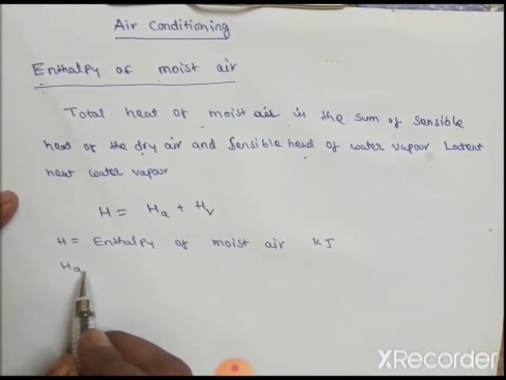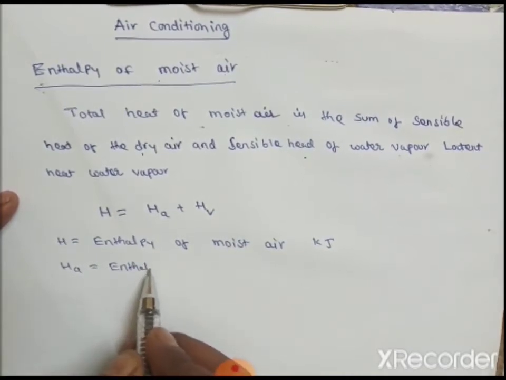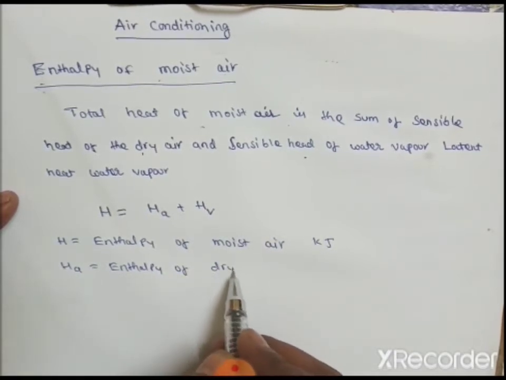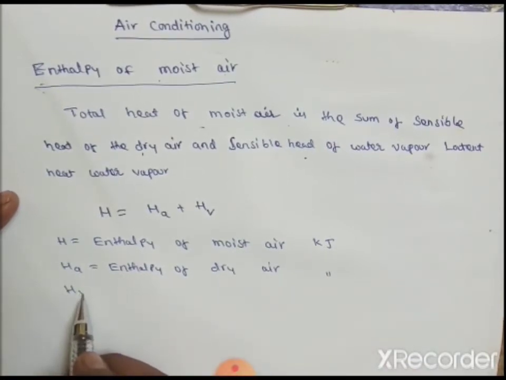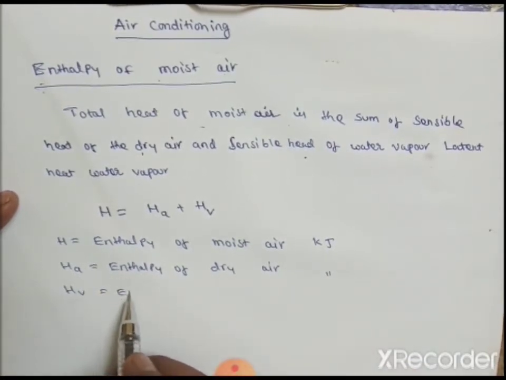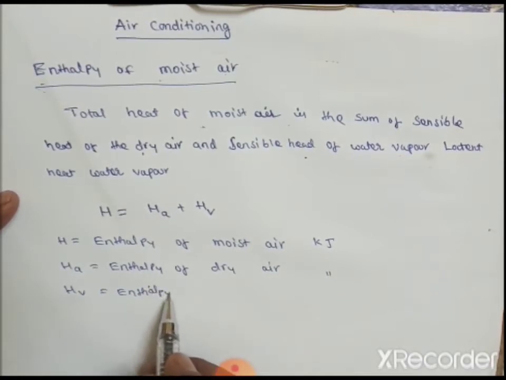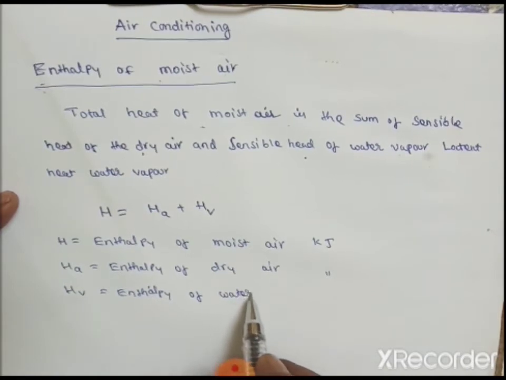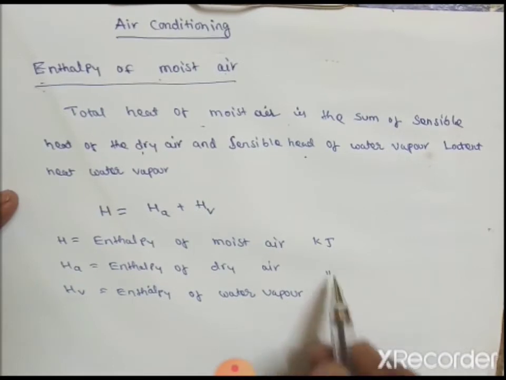HA means enthalpy of dry air, same kilojoules. HV is the enthalpy of water vapor, same kilojoules.